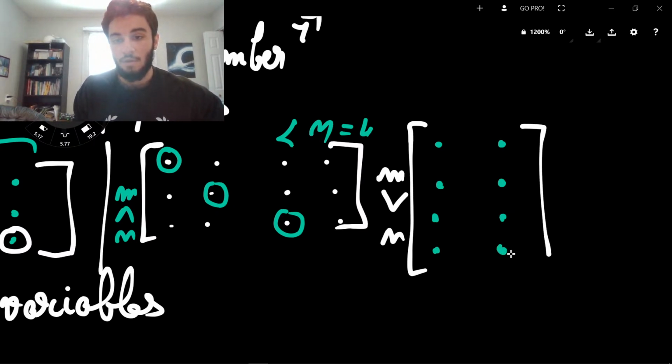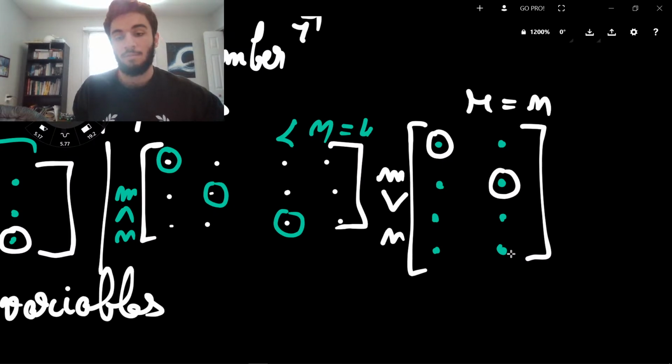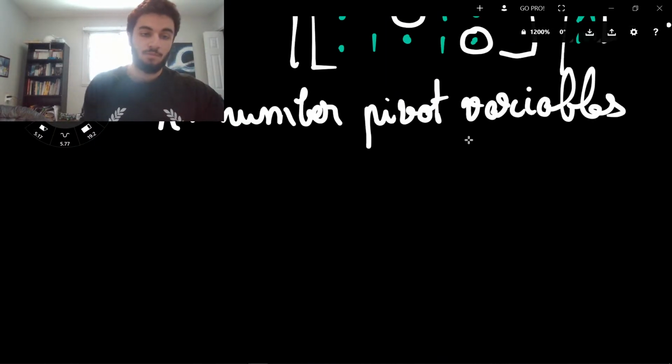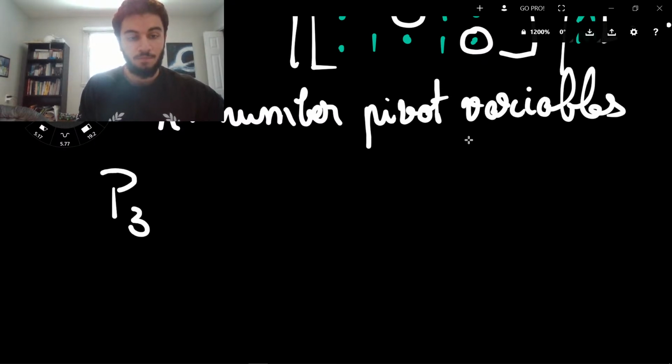So what's the maximum amount of pivot variables? 2. Yeah, 2. Because then you have to go to the next column vector, whereas we don't have any, and n is clearly equal to 2, so r here is equal to n. I hope this makes it clear. So we're going to say this is true. So P3 is true.